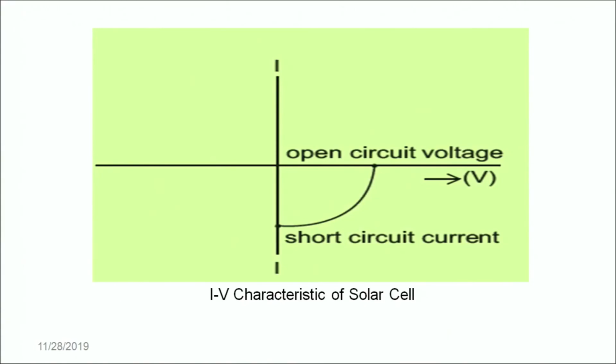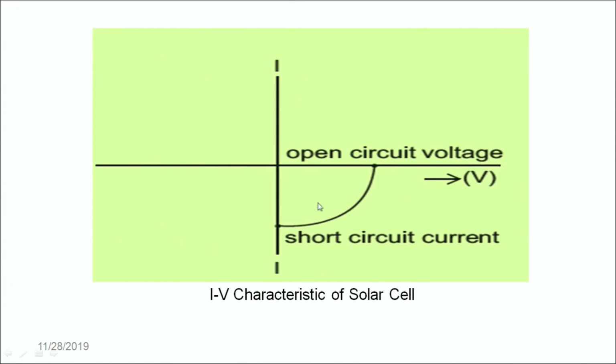A solar cell in an open circuit is shown in this graph. The graph in the fourth quadrant indicates the IV characteristics of a solar cell. In an open circuit, when light falls onto the solar cell, the electrons move towards the N side and the holes move towards the P side.